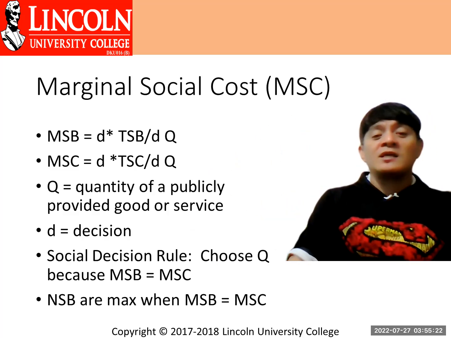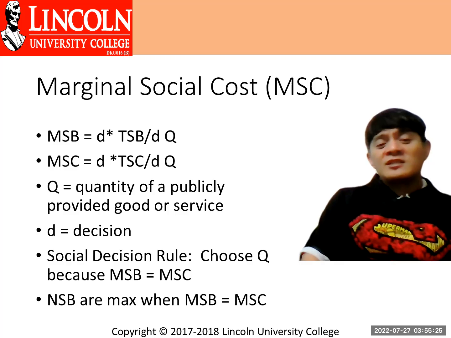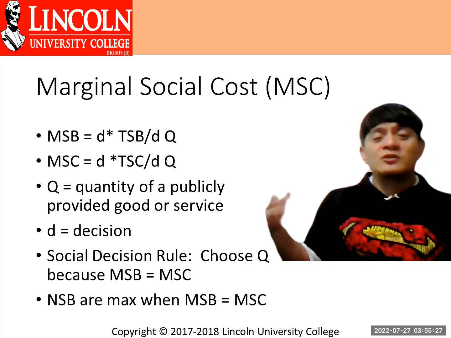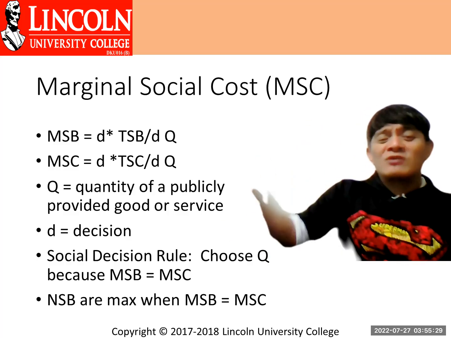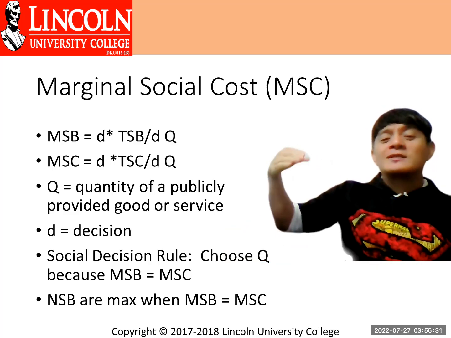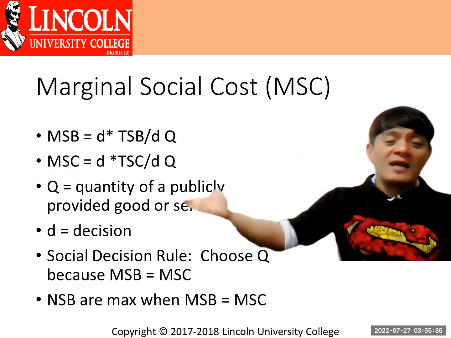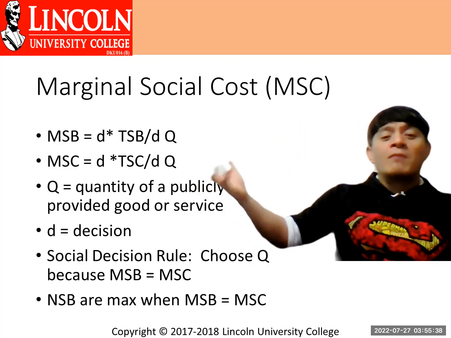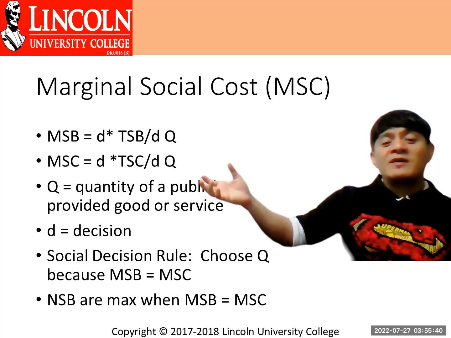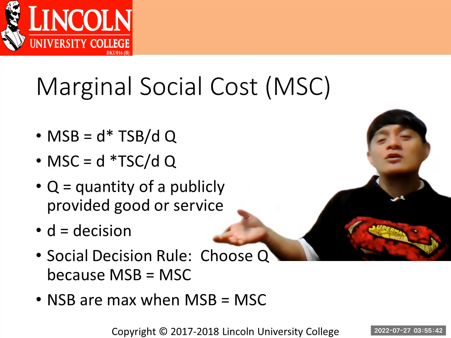And usually you choose the decision based on the marginal social benefit, not the marginal social cost. Because the marginal social cost is the additional cost, and the net social benefits are maxed out when the marginal social benefit is equal to the marginal social cost.